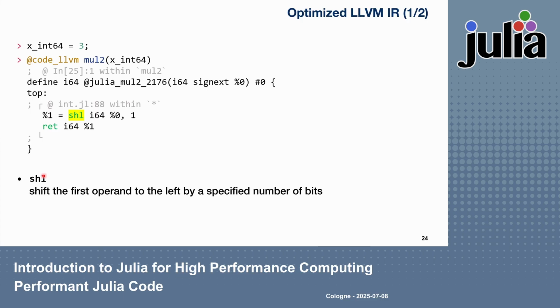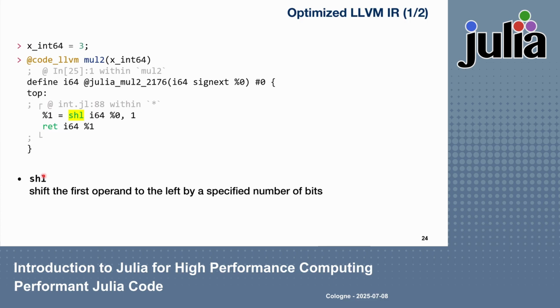So to do a multiplication by 2 is inefficient for an integer. To do a bit shift is more efficient than doing the multiplication at the silicon level. I mean, silicon level means the computer, really those transistors. So that is why LLVM changed this multiplication by 2 by using this bit shift operator.